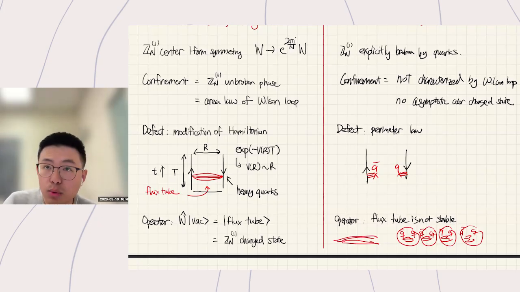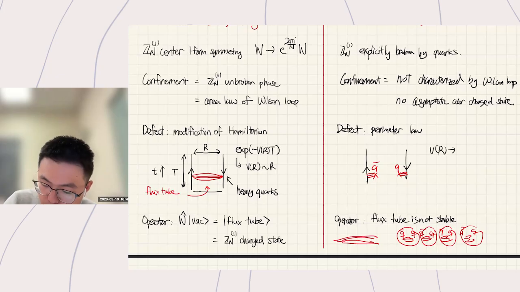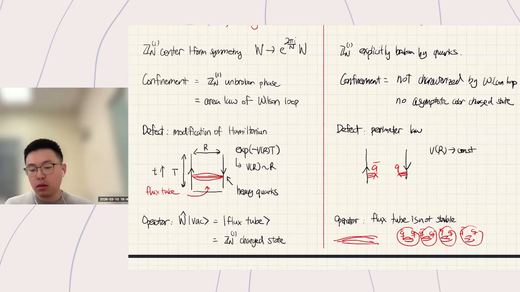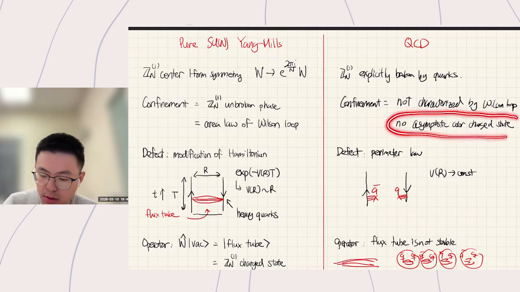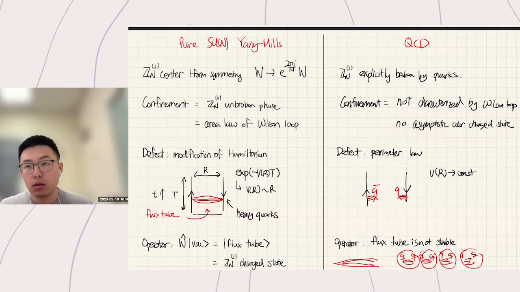Okay. So that's why in this system the potential becomes a constant, and the Wilson lines obey a perimeter law. Since the Wilson lines obey a perimeter law, it's not a very good way to characterize confinement. A better way to think about confinement is to relate it to asymptotic color states. Okay. Good. So this is sort of the high-level motivation.